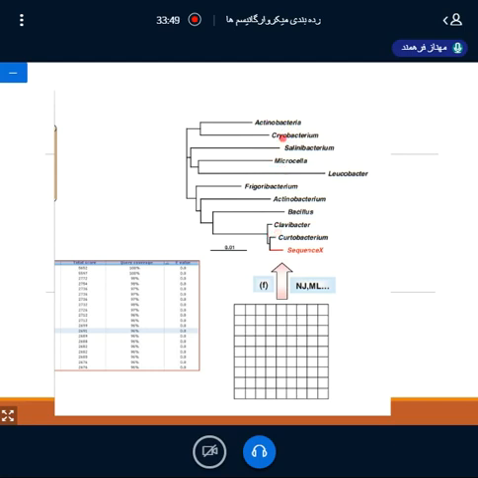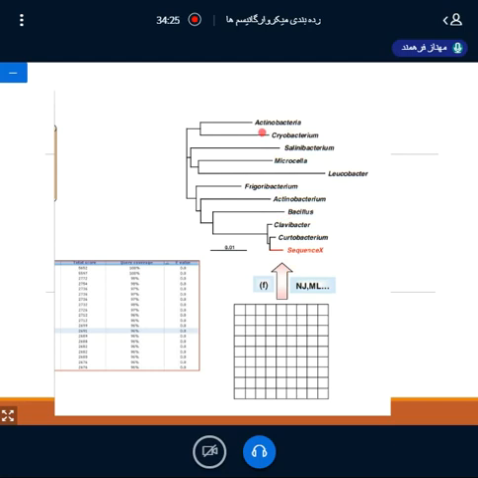So the dendrogram or the phylogenetic tree is drawn based on the relationship between bacteria. If the bacterium is far from our sequence, it has less relationship with our bacterial sequence. So the distance here is very important.